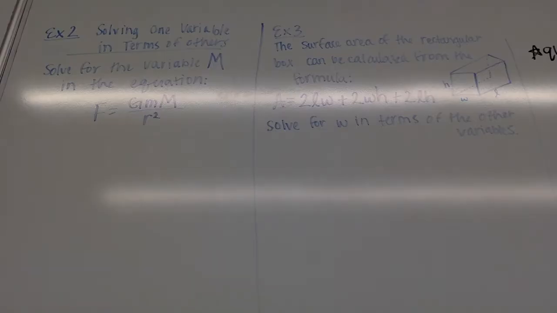So here are two examples where we will solve for one variable in terms of others, and these are linear equations, so solving for those. Okay, so the first one, example 2: solve for the variable capital M in the equation F equals capital G times lowercase m times capital M over r squared. The first thing we want to do is get that capital M on its own.